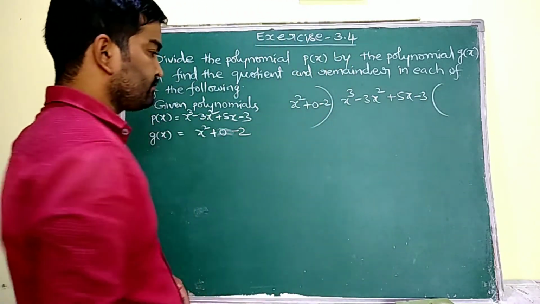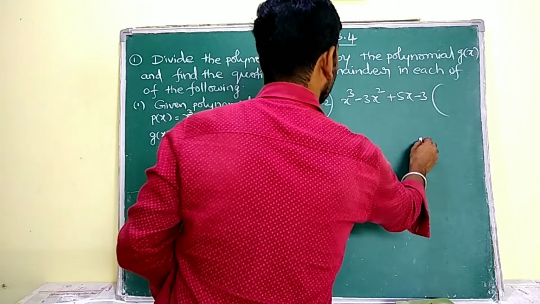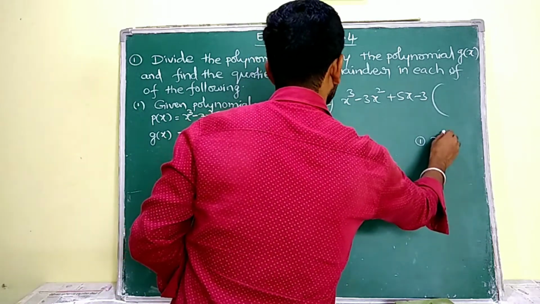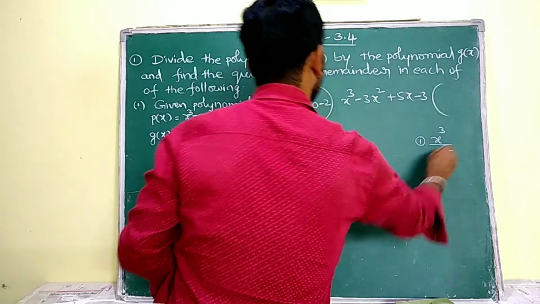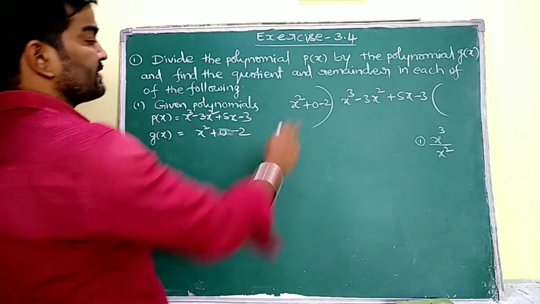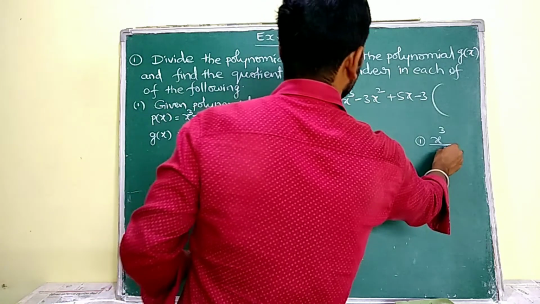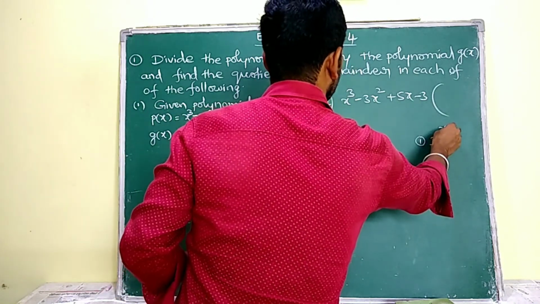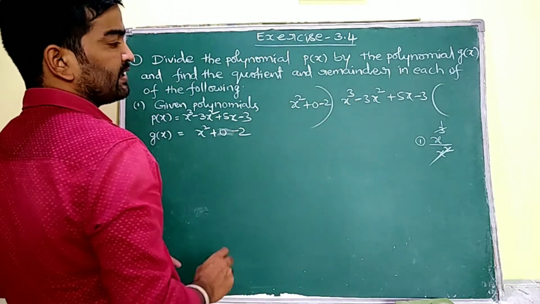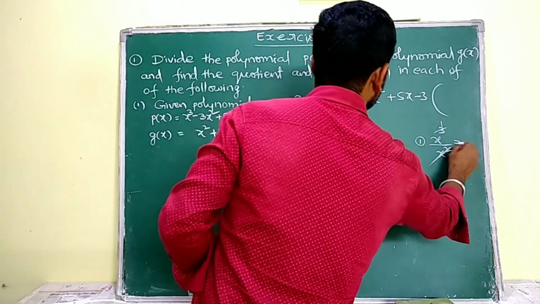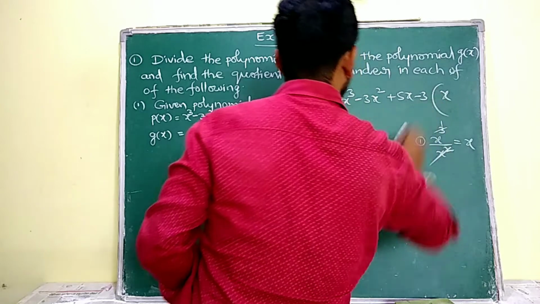To obtain the first term in the quotient I have to divide the first term of the dividend by the first term of the divisor. So that is x cube by x square. Here 2 x's are going to cancel 2 x's of the numerator. Then the first term of the quotient is x.